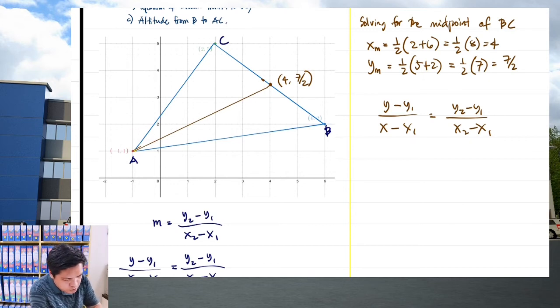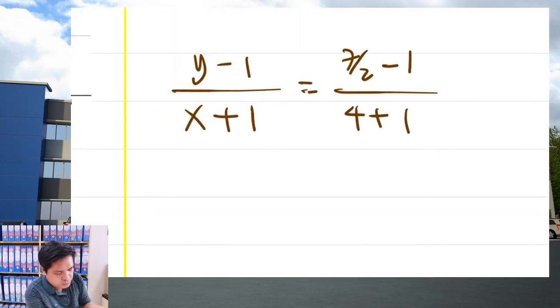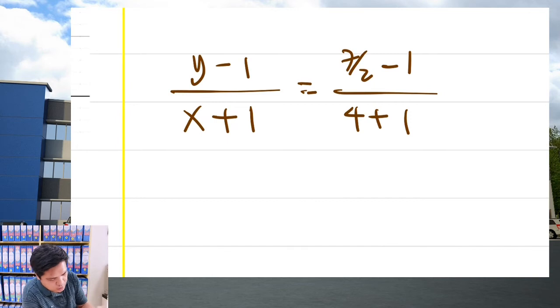Okay. So, that would be y minus 1 over x minus negative 1, that's equal to 7 halves minus 1 over 4 minus negative 1. Then simplify.